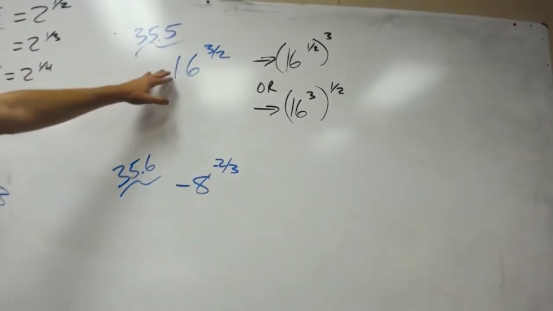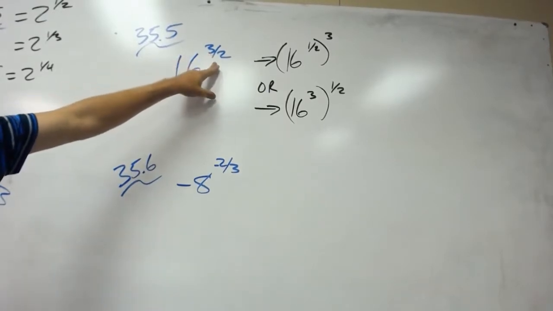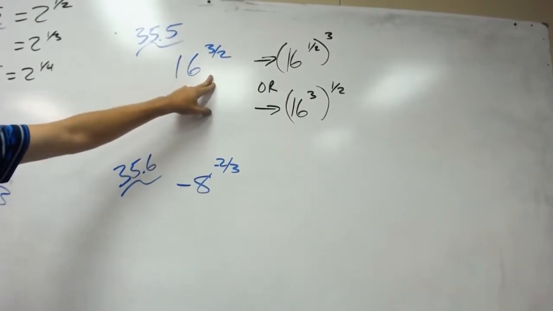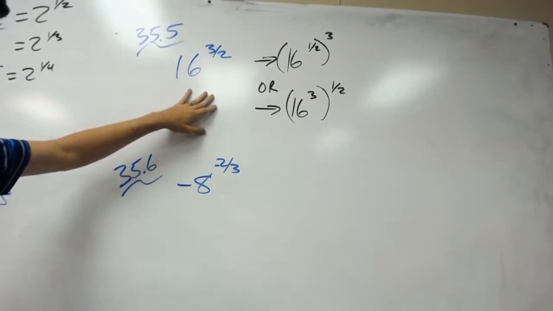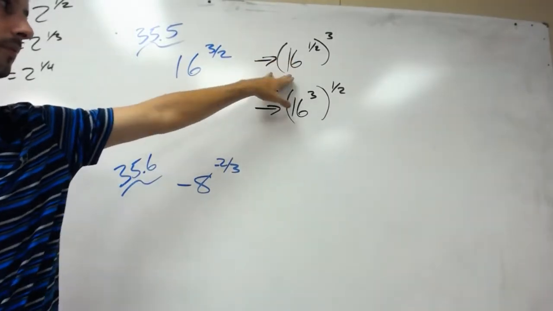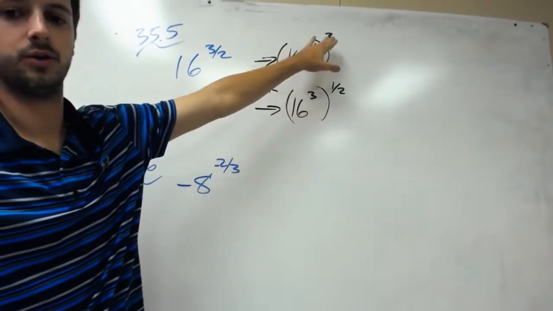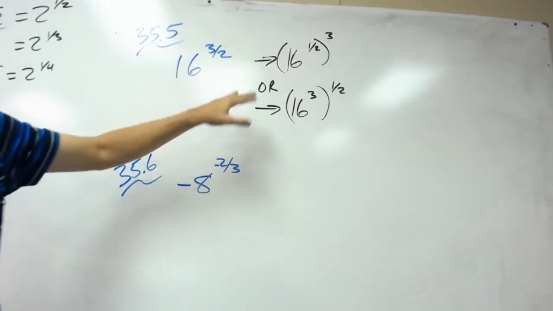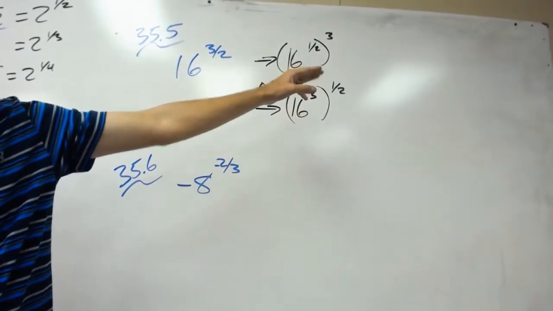A couple more that add a little something to it. 35.5 gives us 16 to the power of 3 over 2. Well, say you were solving this without a calculator, you would have to turn that into open parentheses, 16 to the 1/2 power cubed, or you could say 16 cubed to the 1/2 power.